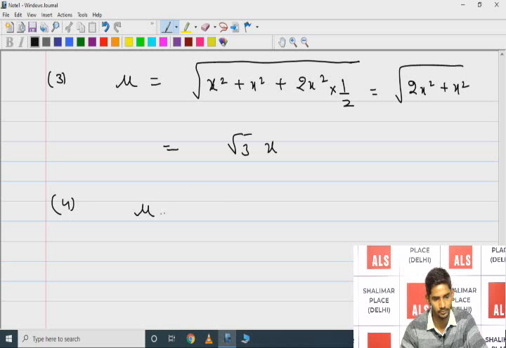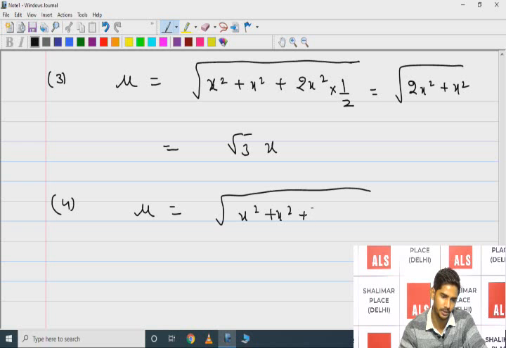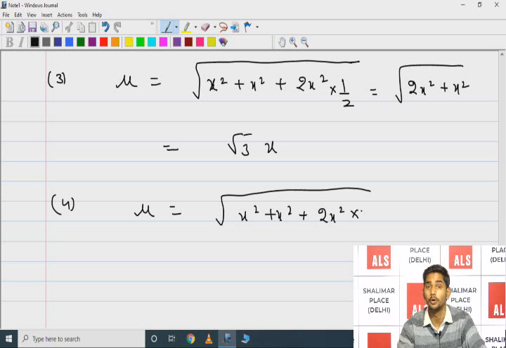Fourth part: x square plus x square plus 2x square cos 90, and cos 90 is 0. So this one becomes 0 and you get root 2 x.